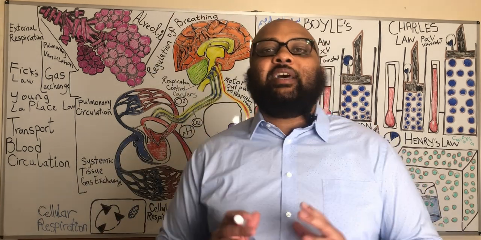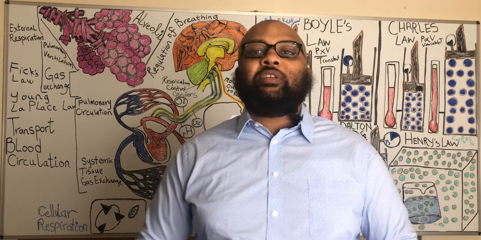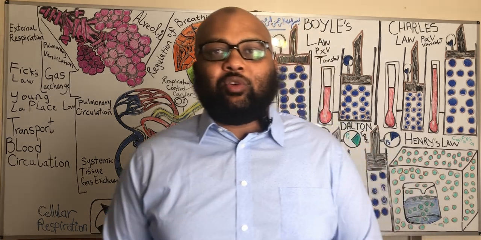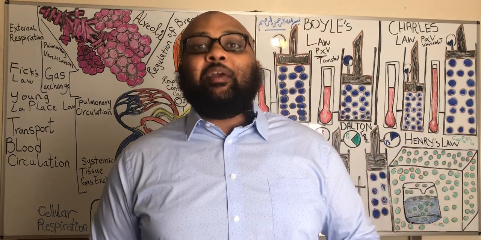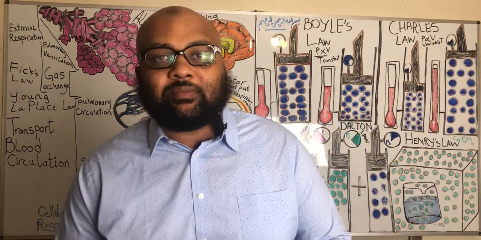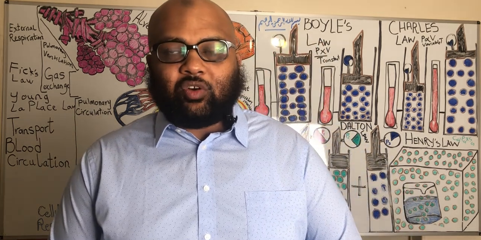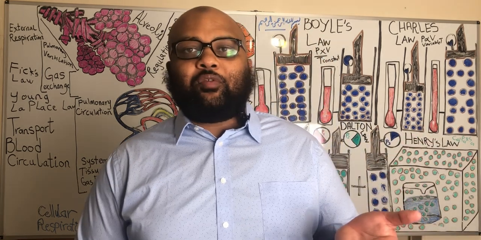If carbon dioxide stays in your circulatory system, that would cause a drop in the pH, and that would lead to acidosis, a very dangerous condition. So you understand there is homeostasis of the pH. The pH must not leave the range of 7.35 up to 7.45.